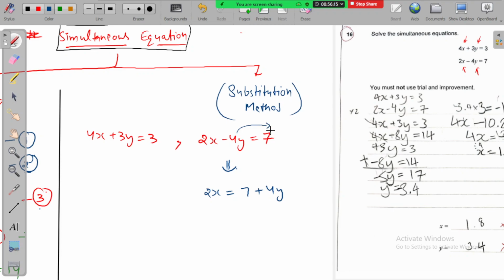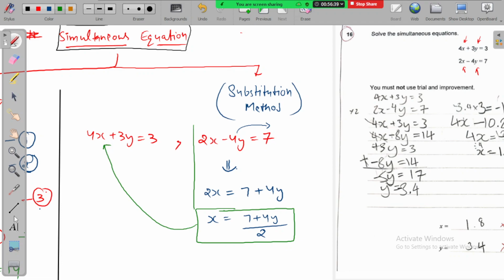Then x will be equal to 7 plus 4y over 2. We got x in terms of y, and we got it from the second equation, so you have to put it in the first equation.